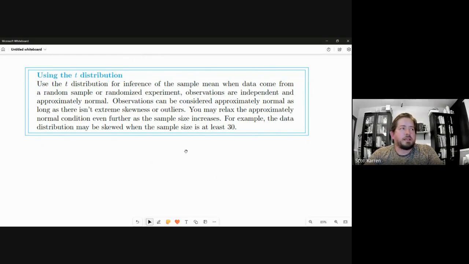But we can relax the approximately normal condition even further as the sample size increases. For example, the data distribution may be a little bit skewed when the sample size is at least 30. So even if you end up with something pretty skewed, the more samples you get, that skew becomes less significant in the calculations.